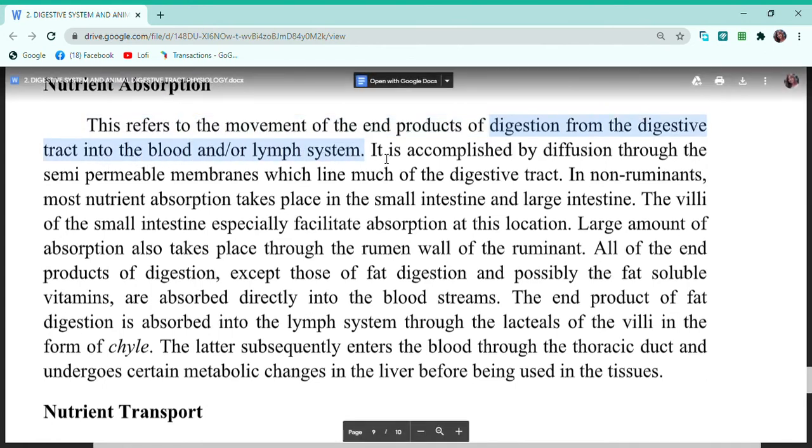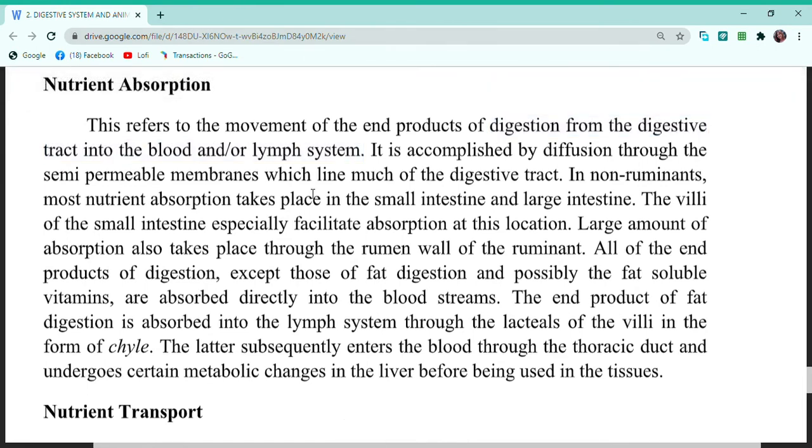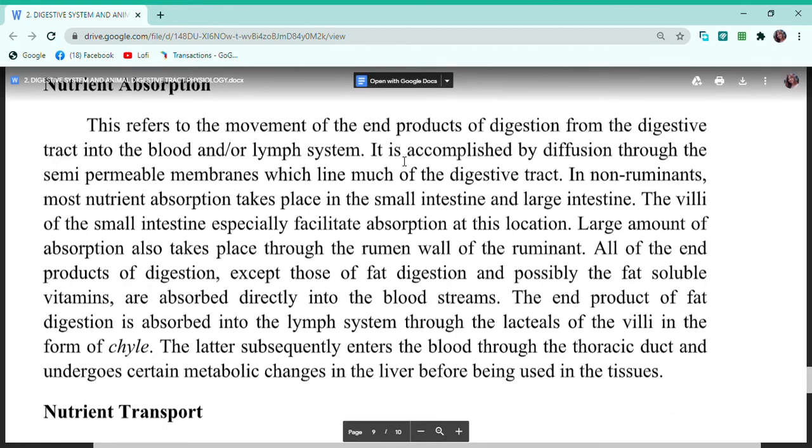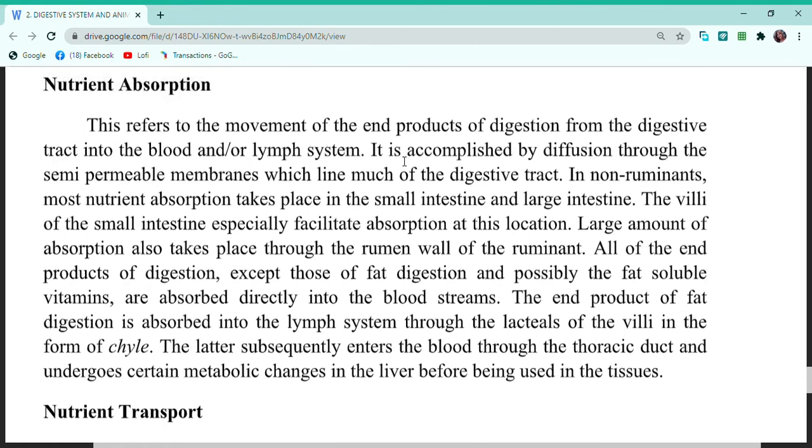So di ba sinabi natin kanina na in-ingest yung pagkain, and then after ingestion, yung pagkain ay nagkakaroon ng digestion. Okay? The food are broken down into small particles and acted upon by enzymes to be able to be absorbed in the blood and the lymphatic system.